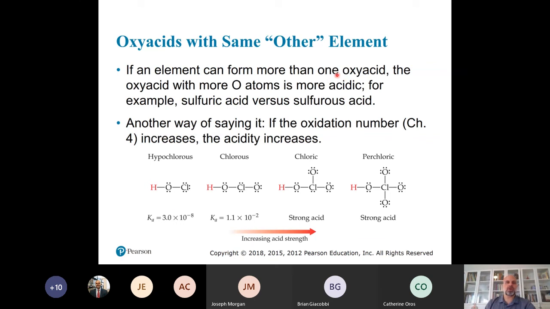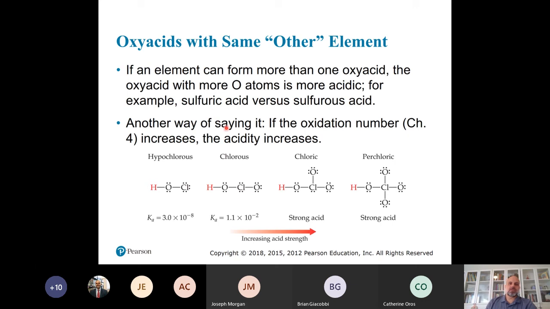We have multiple different oxyacids that can exist, and we'll see an example down below where if we go from the hypochlorous acid that we talked about in the last slide to chlorous acid, to chloric acid, to perchloric, we just keep increasing the number of oxygen atoms on the chlorine atom. So as we increase the number of oxygens, we're going to increase the acidity of the bond.